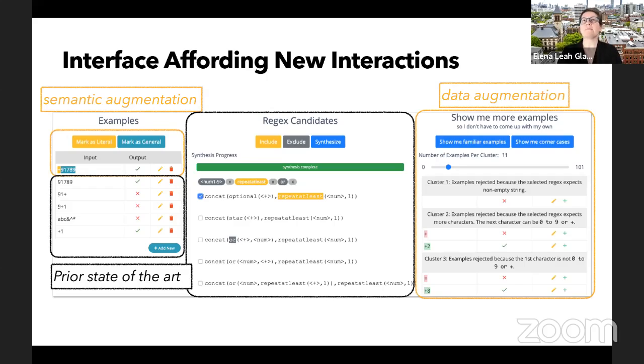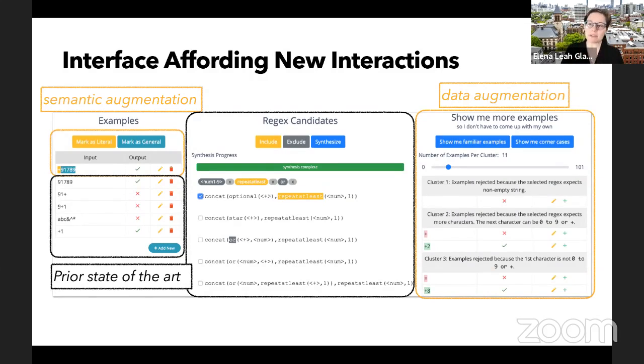And then the second characteristic of this interface is data augmentation. So the idea being that you can pre-compute additional examples, dream up similar and distinct examples from the examples you already gave, and you can see how, say, the selected regex candidate will accept or reject other familiar examples and other corner case examples, so that you don't have to mentally simulate.